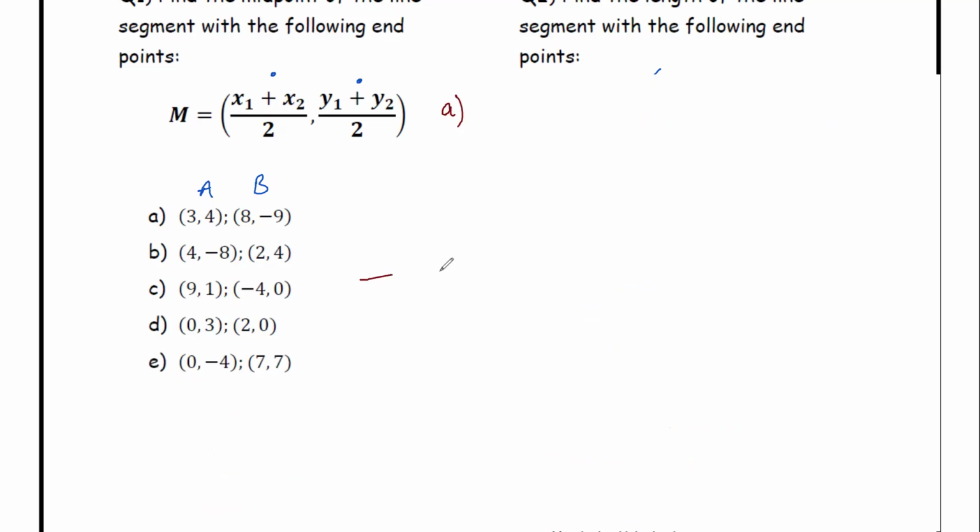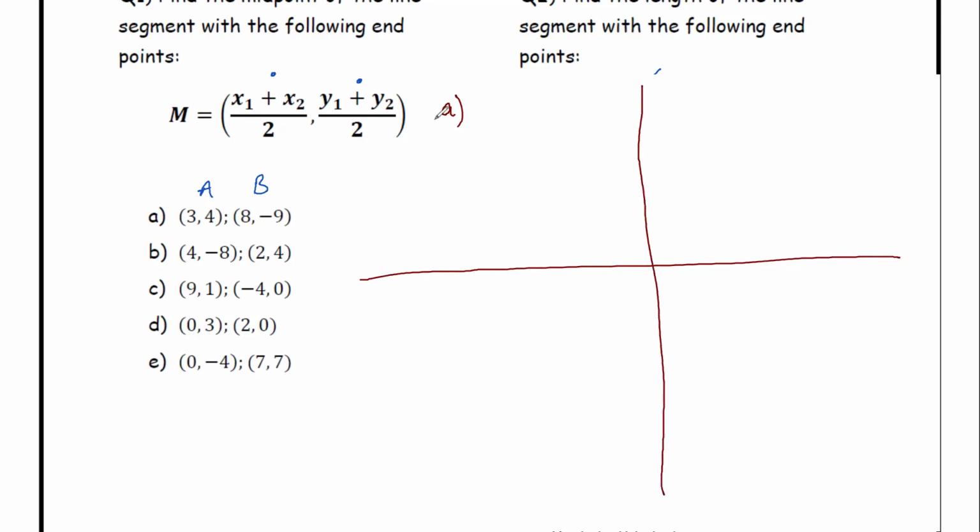A, 3 plus 8 divide by 2, comma, 4 minus 9 divide by 2.